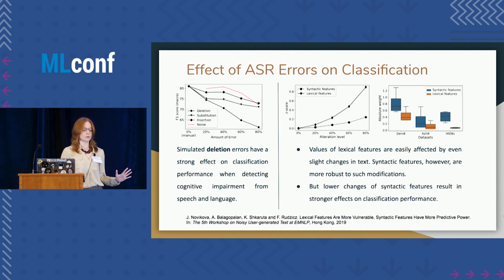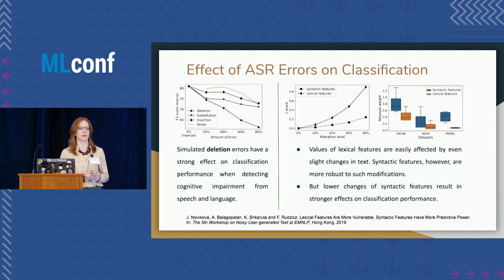What I show you here, on the left, is a graph of different levels of simulated ASR errors and their effect on classification performance, shown as the F1 score. ASR can have three types of errors: deletions, insertions, and substitutions.